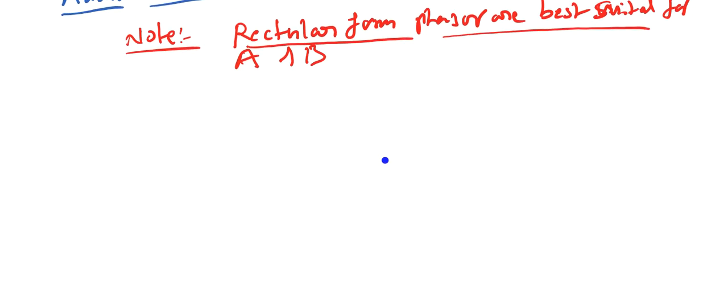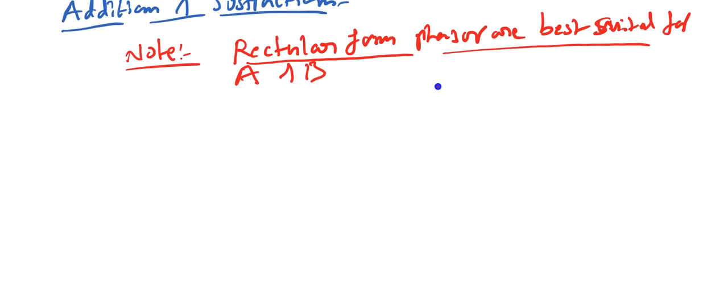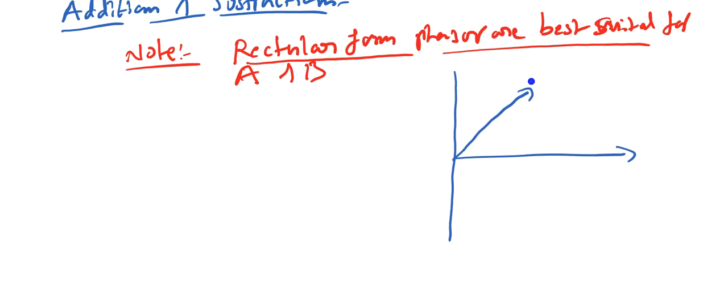I will show this. Suppose I have two vectors. One vector goes in this direction, and I can take this as V1. Another vector goes in some direction, V2. With respect to this axis, this is my a1, and with respect to this, this is b1.